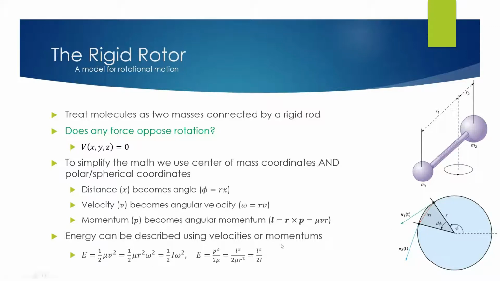Our symbol L here hopefully will get you to think about quantum number L. As we apply this to quantum mechanics, we'll see that we have a quantization in L. This is important for rotation, and it turns out it's also important for the orbitals of the hydrogen atom, where we have this quantum number L that determines if it is an S, P, or D orbital.